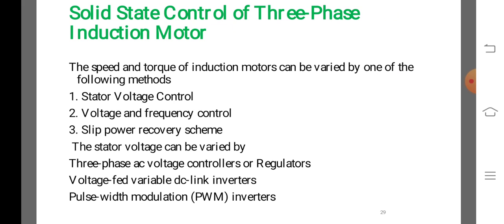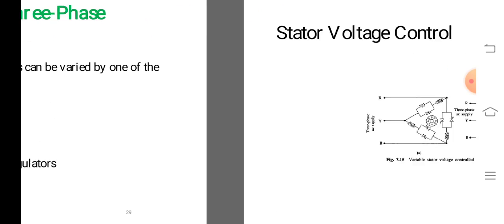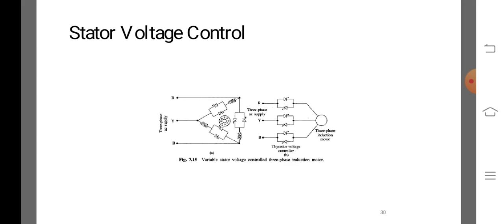The stator voltage can be varied by three-phase AC voltage controllers or regulators, voltage fed variable DC link inverters, and pulse width modulation inverters. This is the stator voltage control diagram. This diagram representing a three-phase induction motor, both squirrel cage as well as slip ring induction motor, can be implemented by using three-phase AC voltage controllers.